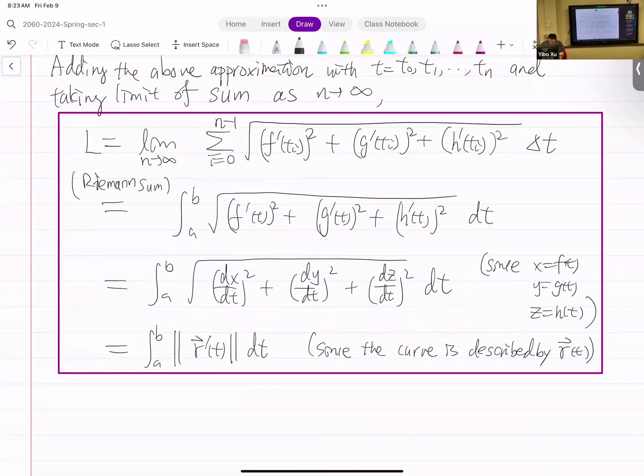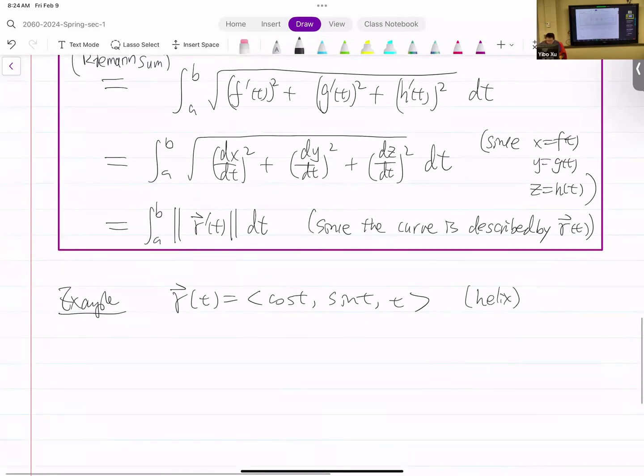Now, example. Just think about the space curve which has coordinates cosine of t, sine of t, t. This is something we have seen. This is the helix that we actually have a figure for. So it's 14.1.